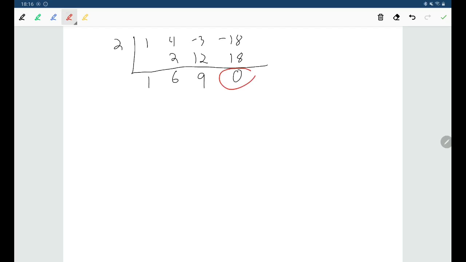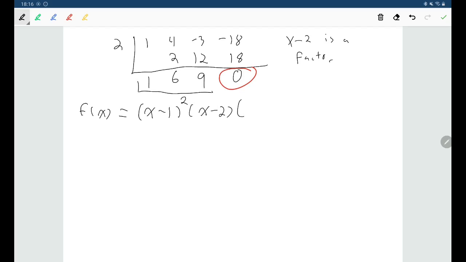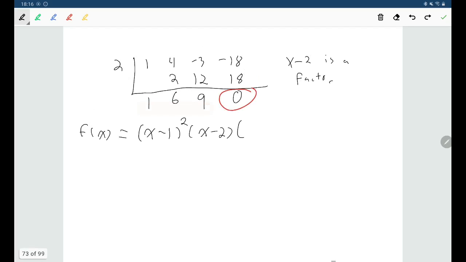That turns out nicely. So it turns out to be that x minus 2 is a factor. And so that means that f of x, we had x minus 1 squared, we've now got x minus 2, and what's left over would be x squared plus 6x plus 9.